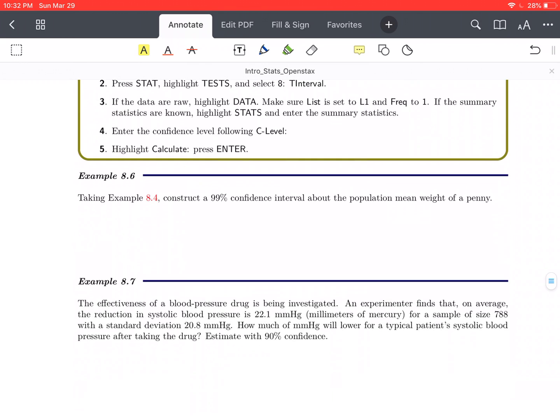So let's look back at the penny example. Construct a 99% confidence interval about the population mean weight of a penny. So let's remember what we know here. We know x bar, which we found on the previous page, was 2.464.